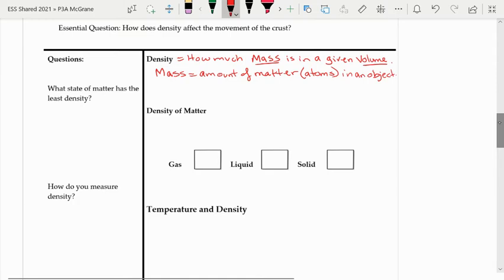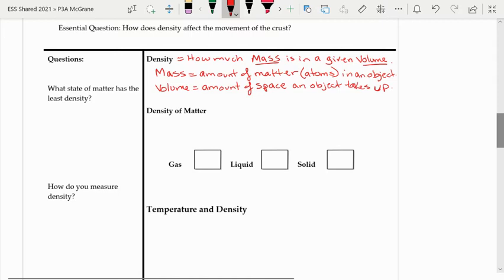Okay, volume is the amount of space Mrs. McGrain takes up. Amount of space an object takes up. I have a certain volume because I occupy a certain space in the universe. My space in the universe is my volume.